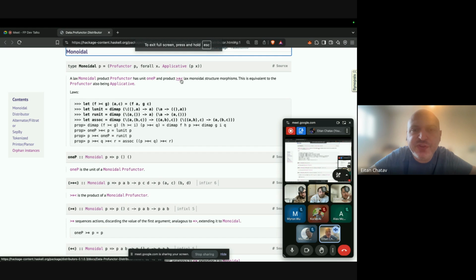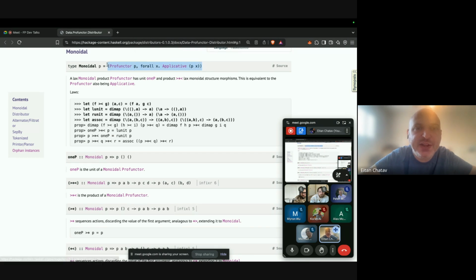I'll call this the sequencing operator. And it's actually equivalent to the profunctor also being applicative. So rather than defining a new type class for monoidal, I just define it here as the combination of being both a profunctor and being applicative using this fancy for all x.